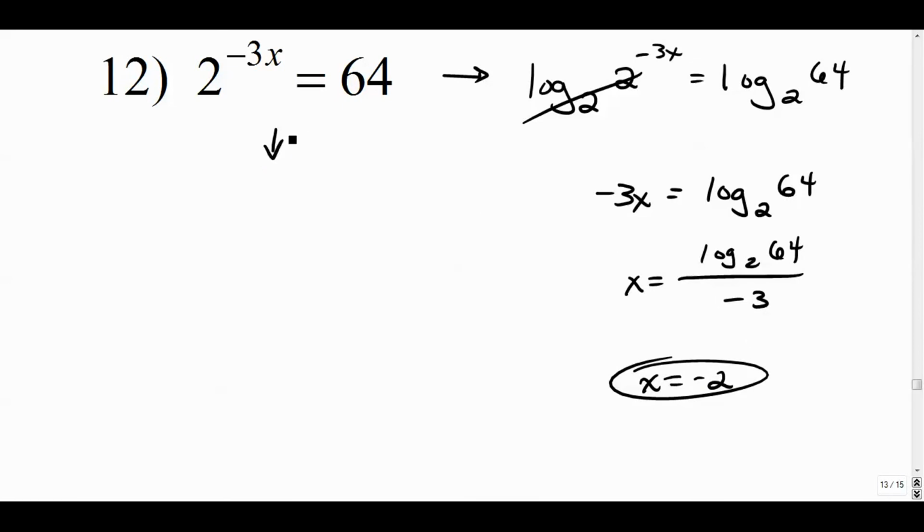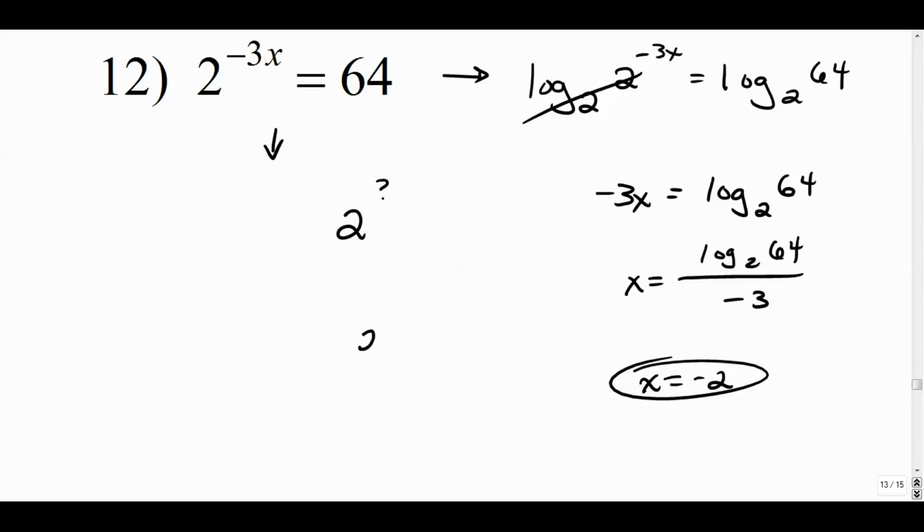So if I ever see an exponential equation that can sort of be transformed into the same base, in other words, let's change 64 into 2 to the something. So 2 to the something is equal to 64. What I'm trying to do is just match these bases up.